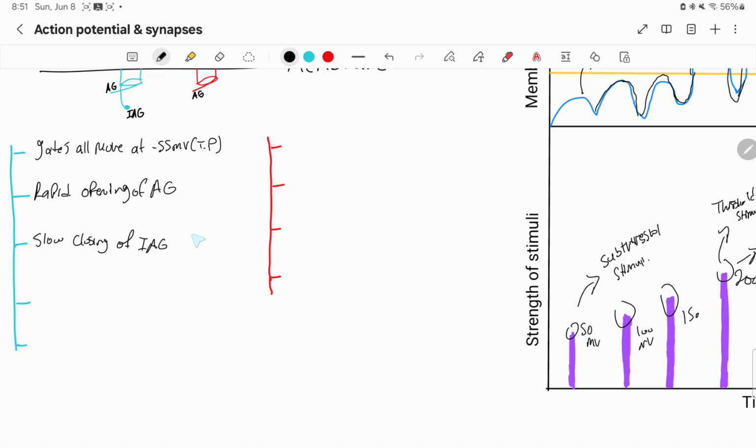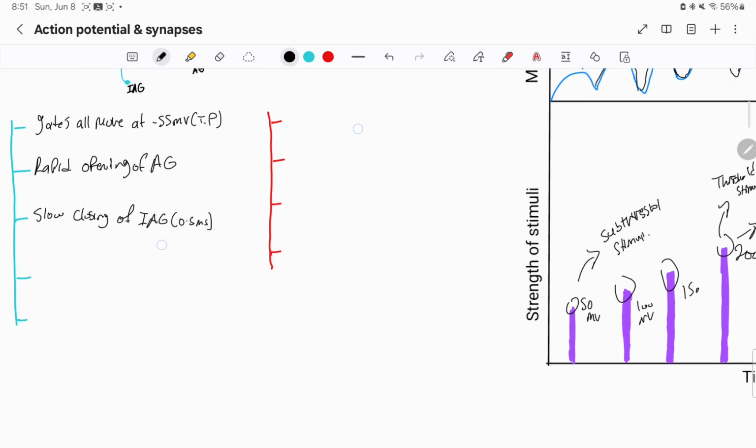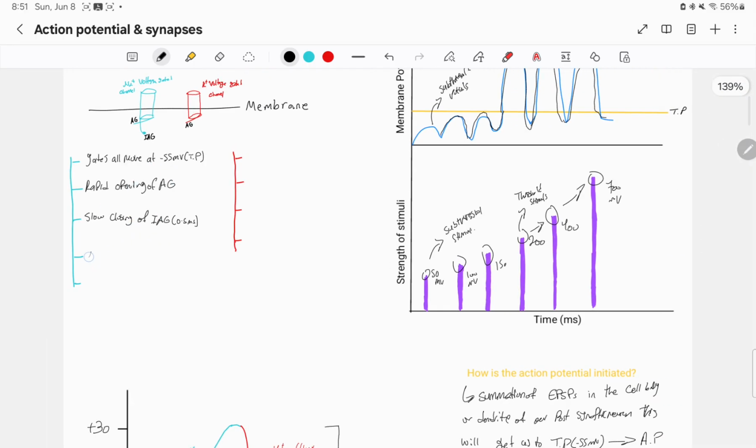In fact, it takes 0.5 milliseconds for it to close from the start of threshold potential. So as soon as we hit threshold potential, the timer starts, and after 0.5 milliseconds, the inactivation gate finally closes.